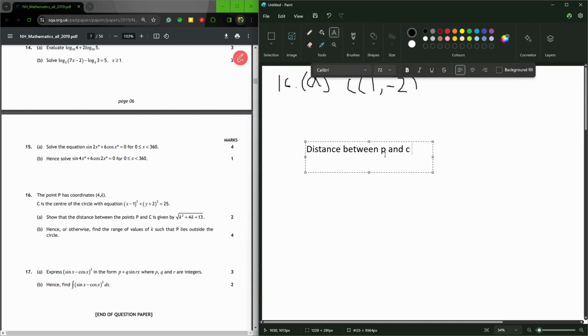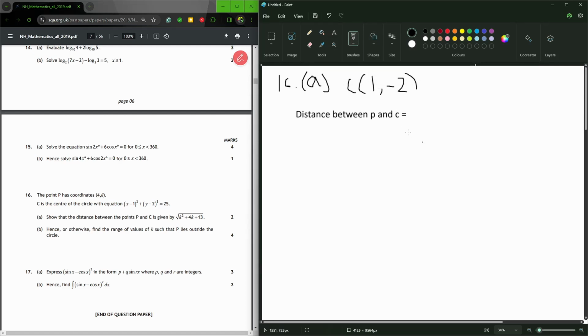Will be equal to this equation. It's going to look really nasty, but the distance formula is actually really simple.